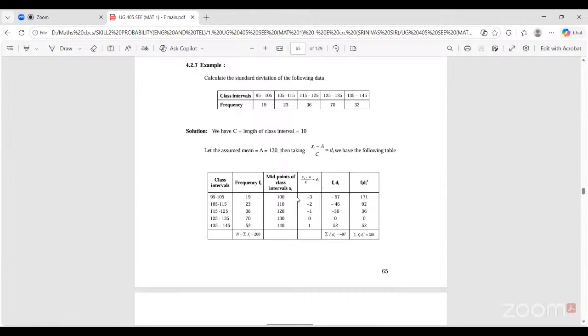So fidi: 19 into 3, 57, 23, 46, 36 minus 36, 70 is 0, 50 to 52.